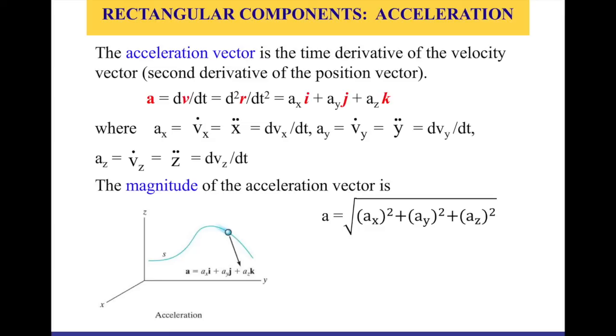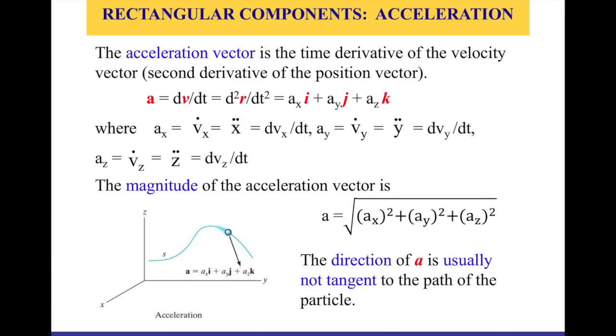The magnitude is similar: the square root of the x component squared plus the y component squared plus the z component squared. The direction is usually not tangential to the path, but you can find it from the hodograph, and we talked about this in the previous video, how to identify the direction of the acceleration.